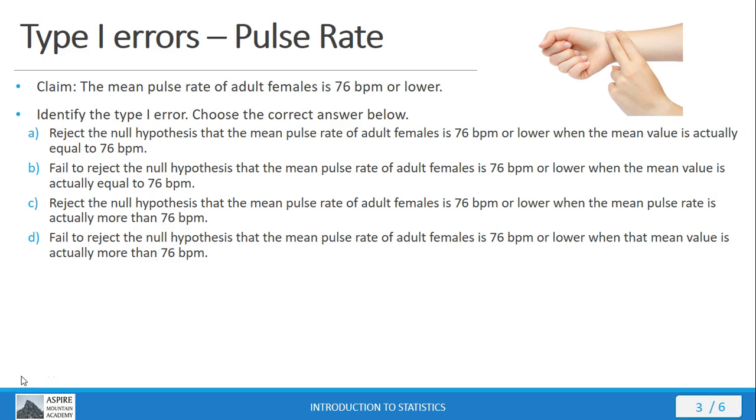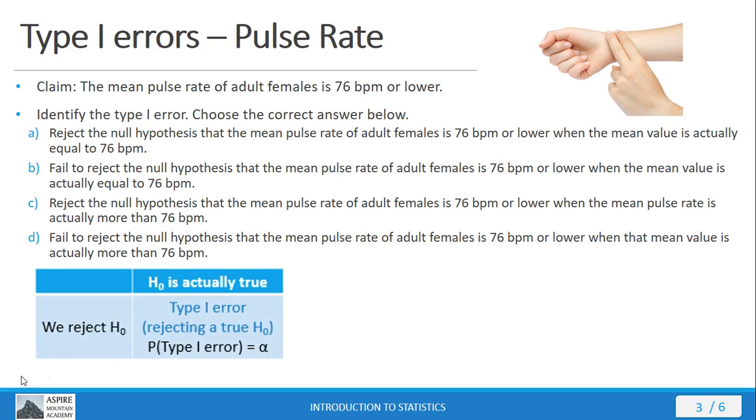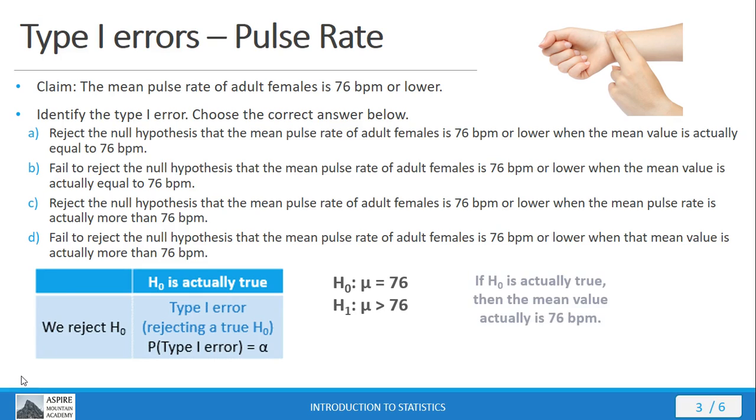Okay, let's see how well you did with this. So remember, first we're going to remember what is a Type 1 error. A Type 1 error is we're going to reject the null hypothesis when it's actually true. So what is the null hypothesis? Well, the null hypothesis in this case is that the mean value is 76. So if this is actually true, then that means the mean value actually is 76 beats per minute.